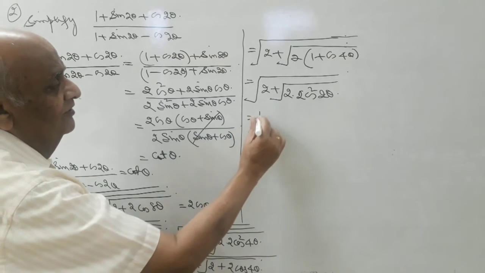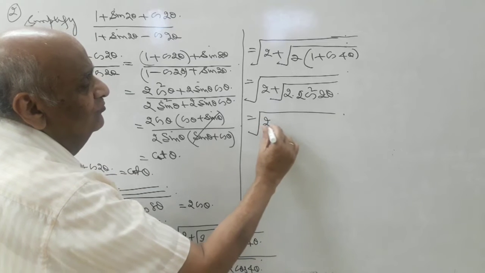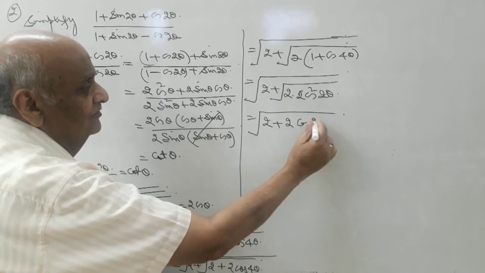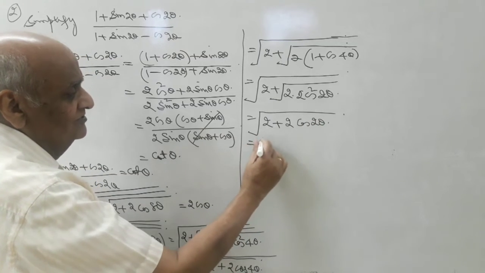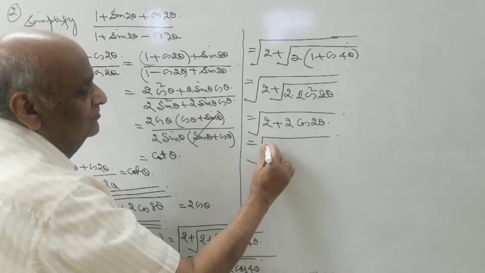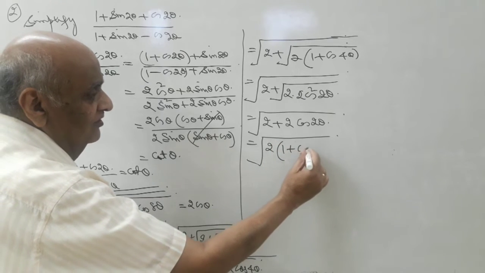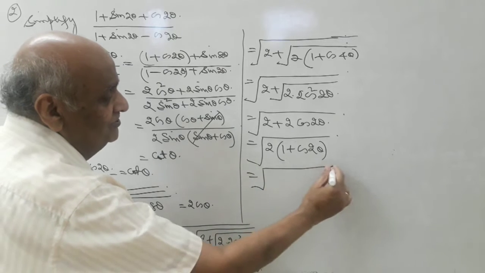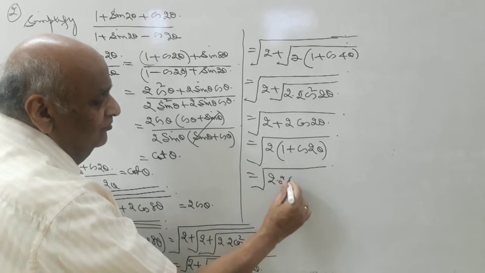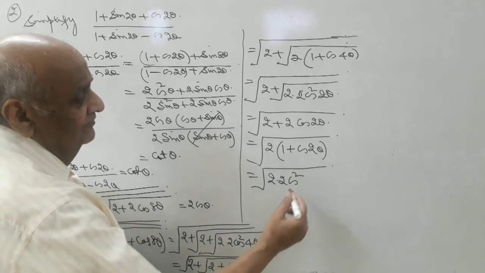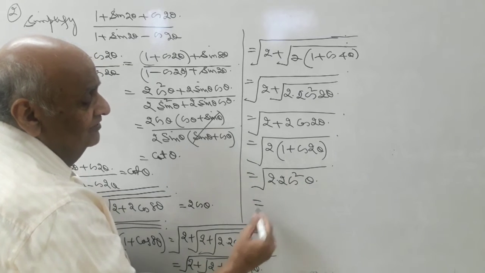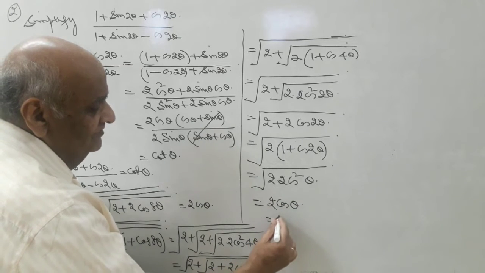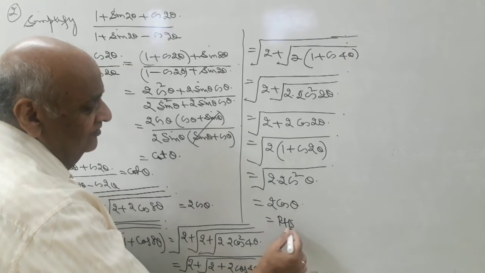This is equal to under root of 2 plus 4 cos square 2 theta, that is 2 cos 2 theta. And this is just equal to 2 is common, again apply 1 plus cos 2 theta. So again use the formula, the same repetition, 2 into 2 cos square theta. That becomes 4 cos square theta, under root of this is 2 cos theta. This is on the right hand side of the sheet.